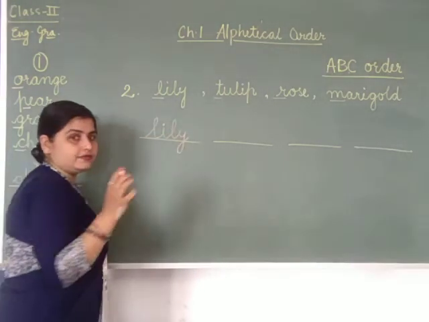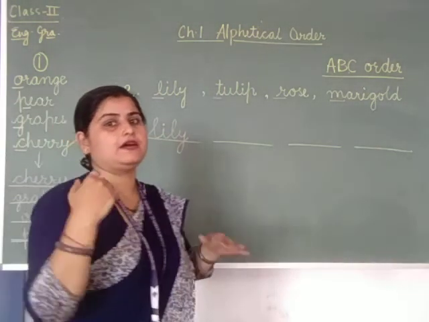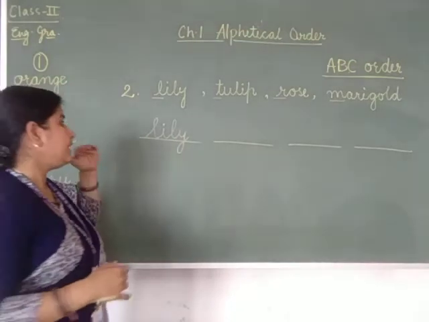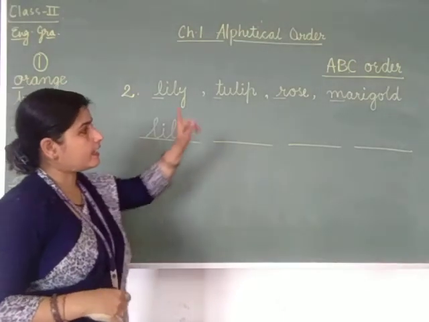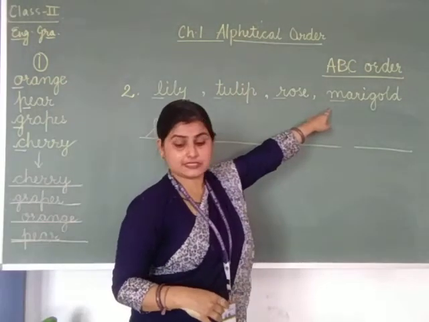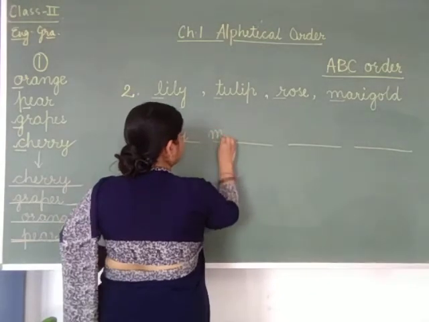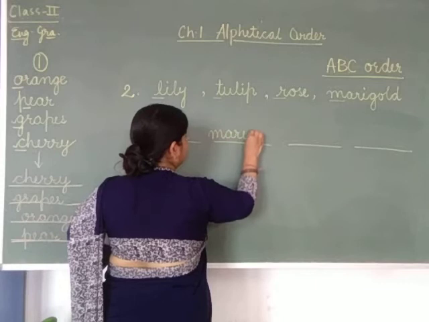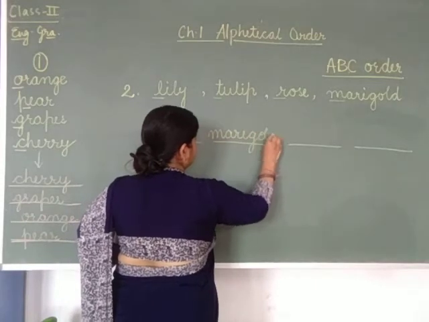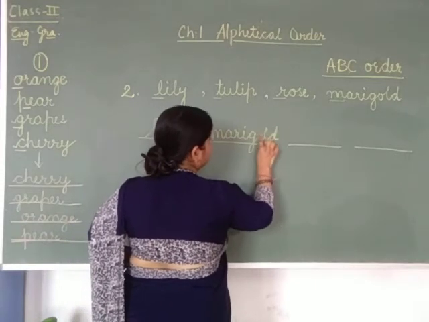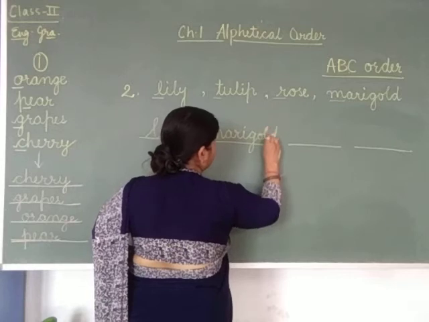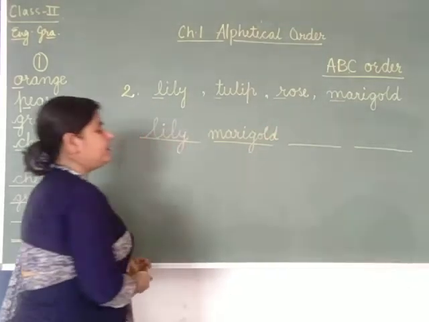So I have told up to L. Now I will start from L. L, M, M. I have got my second flower, that is marigold, because after L I got M. So here it is. Lily, marigold.